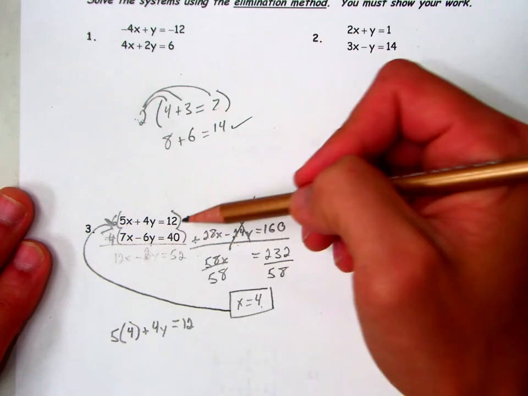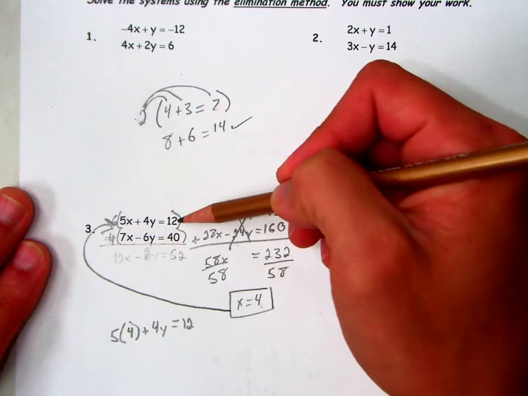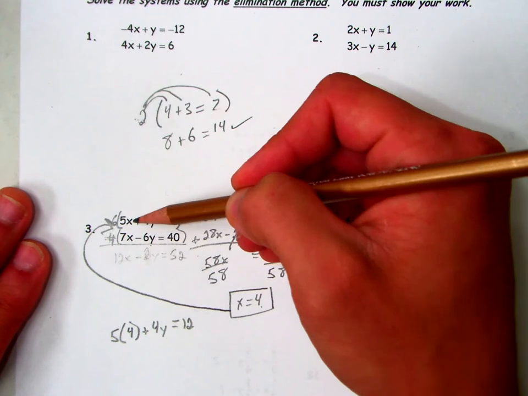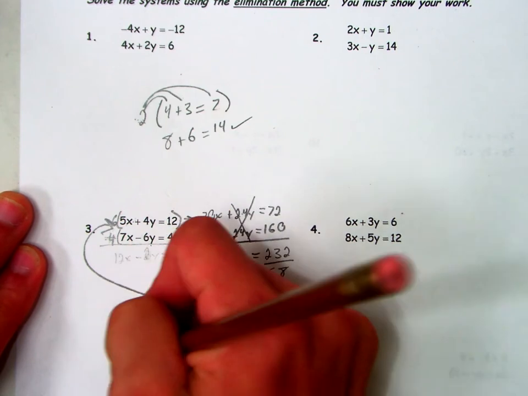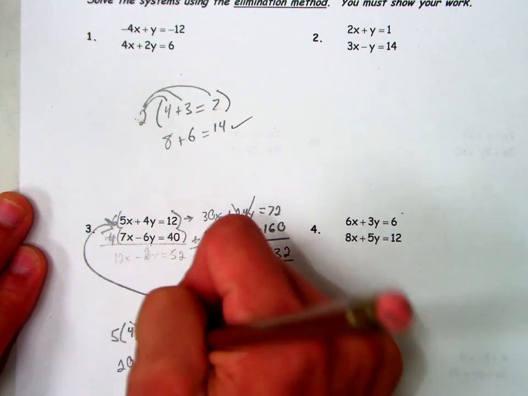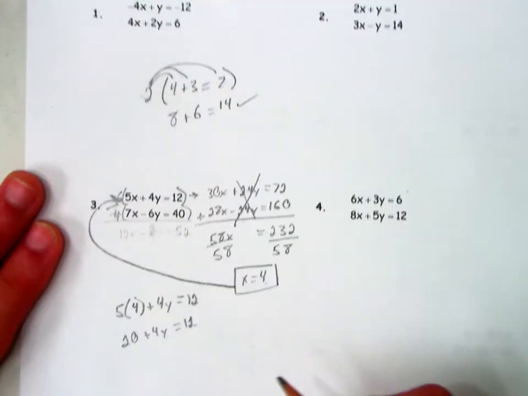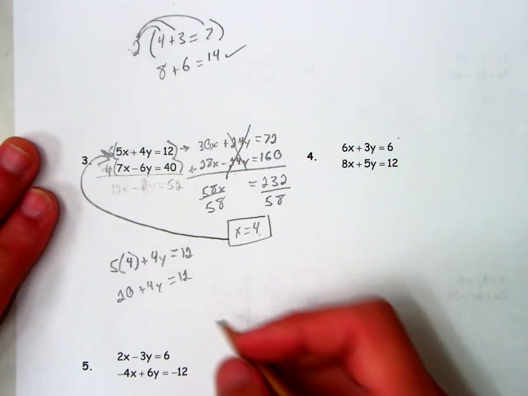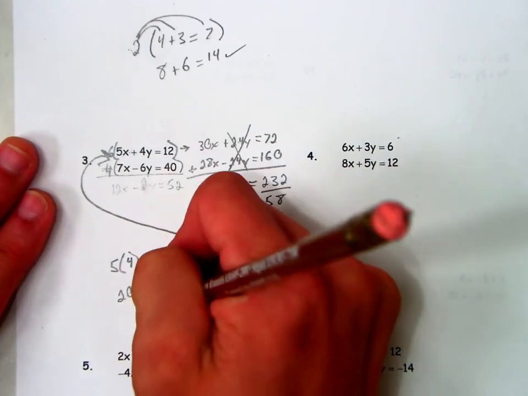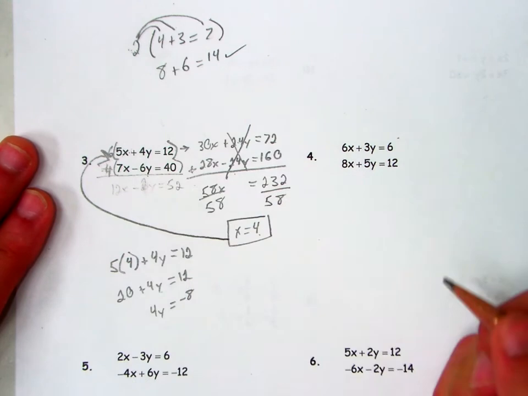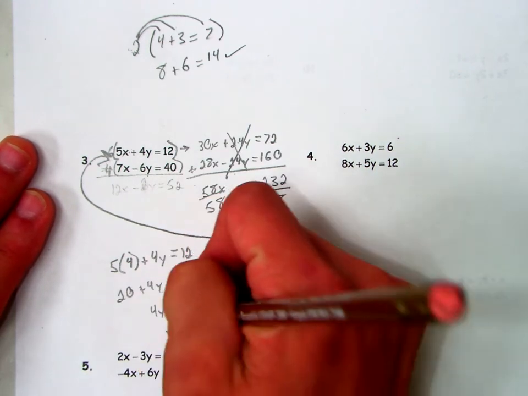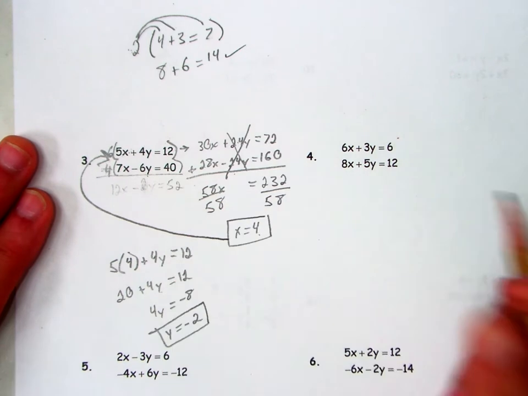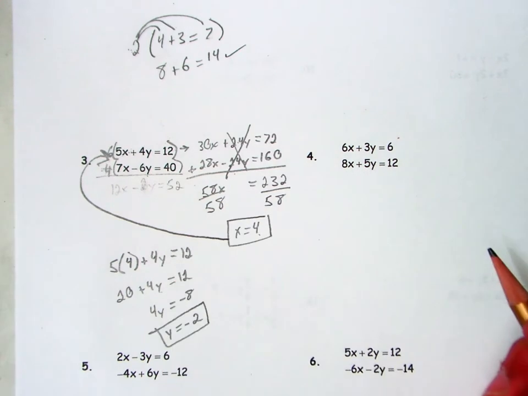I rewrote this exact equation, except instead of using the x, I used what x equaled, 4. So I've got 20 plus 4y equals 12. Continuing, I've got 4y equals negative 8 because I subtracted 20 from each side of the equation. I've got y equals negative 2. So there is my second solution.